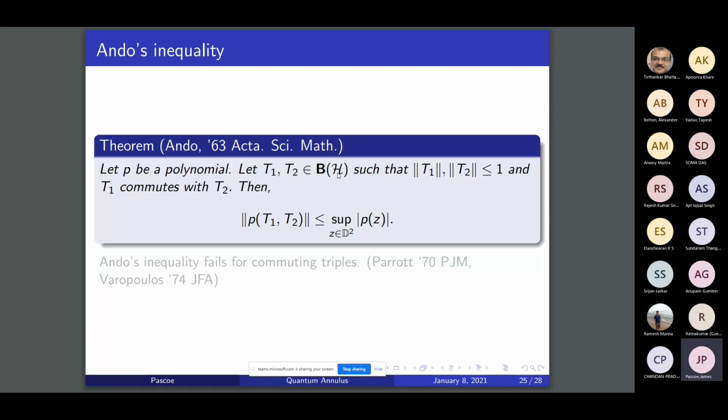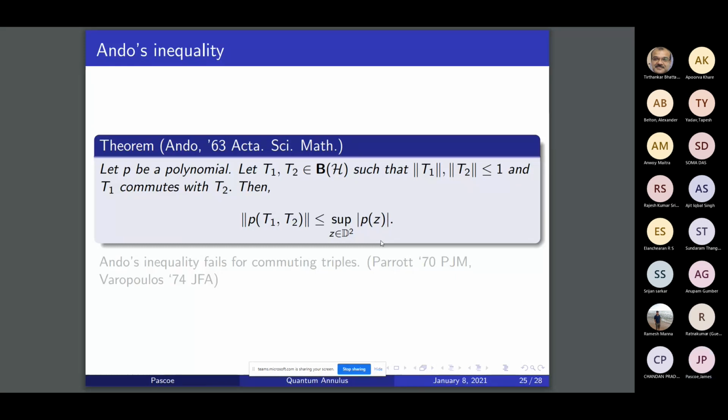A classical theorem due to Ando was that if you have a polynomial P in two variables, and we let T1 and T2 be in B(H) such that they're both contractions and T1 and T2 commute, then the norm of P(T1, T2) is less than or equal to the sup over the unit disk of this polynomial. Basically, this is a two-variable analog of von Neumann's inequality, known as Ando's inequality.